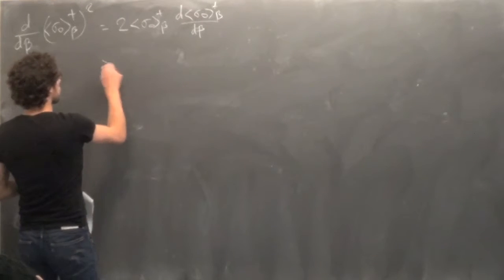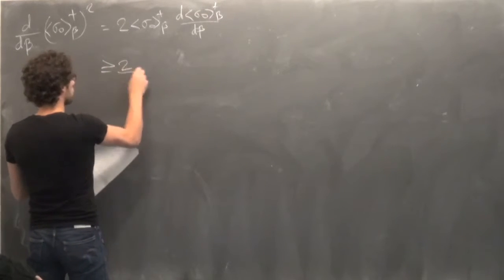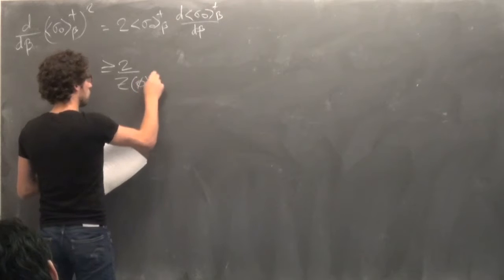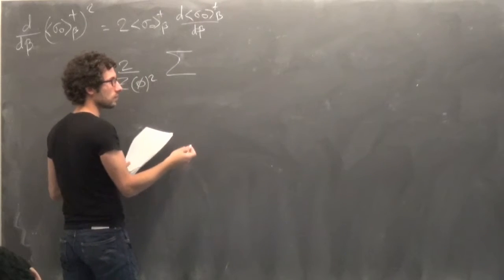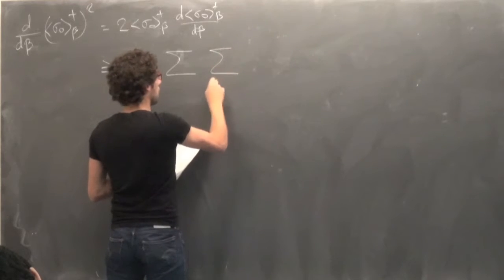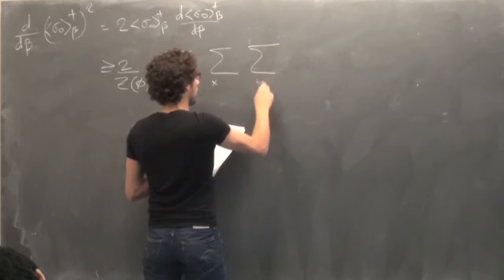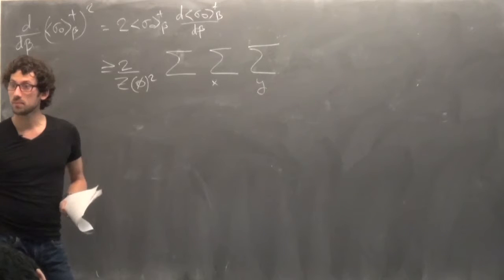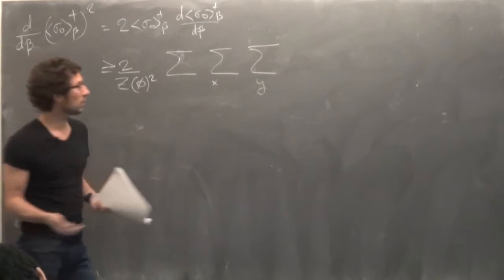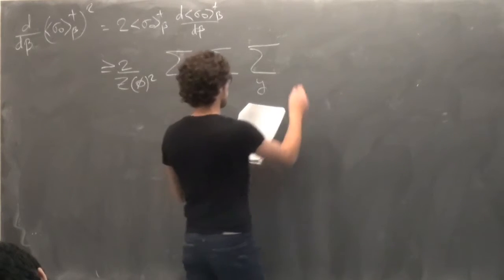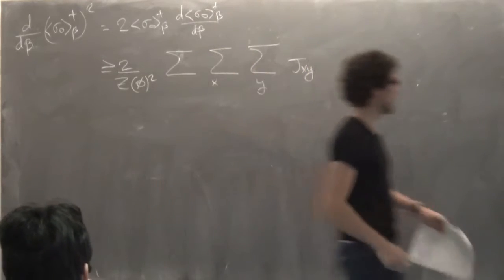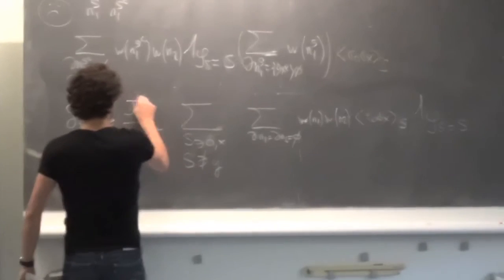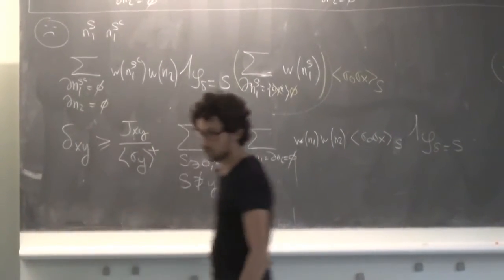So this is larger or equal to 2 over z of empty set squared, sum over x and y. So let's write sum over x, sum over y, and I had the delta xy. Okay, so the delta xy was j xy times, oh, I forgot the jxy. The jxy disappeared somewhere. And you have to put it everywhere.